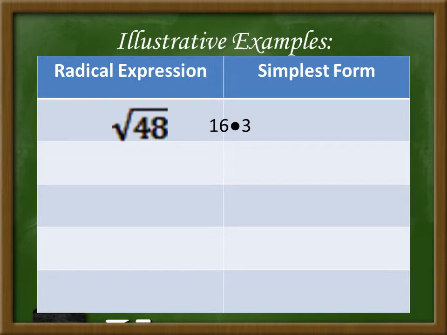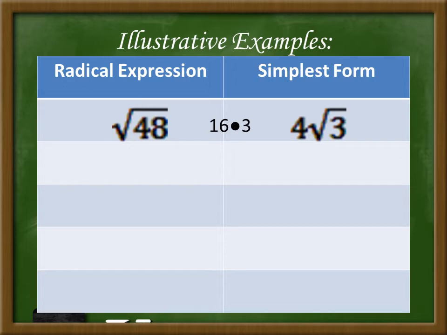So it becomes 4 square root of 3. Where did you get 4? It is from square root of 16. So we get the square root of the largest perfect square factor of 48, which is 16.